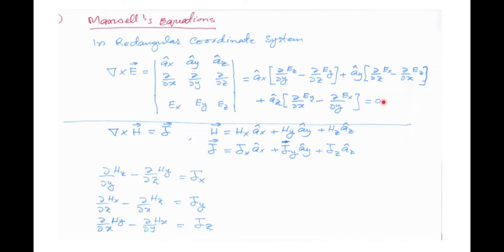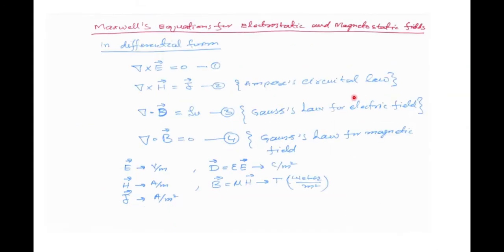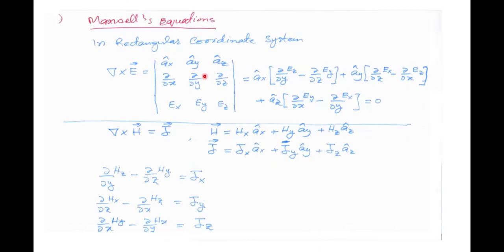So this whole relation is equal to 0. This is how to expand the first equation in the rectangular coordinate system. You can also expand the same equation in other coordinate systems. You can find that information in the book.